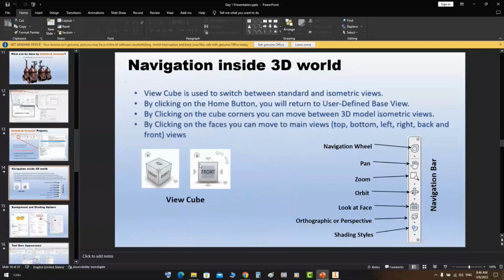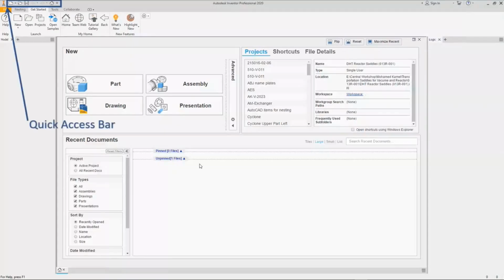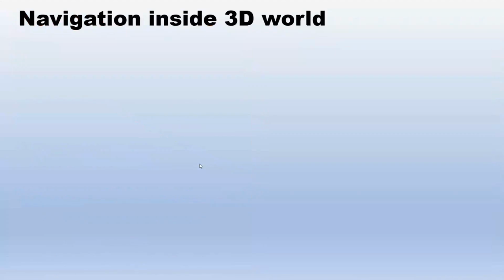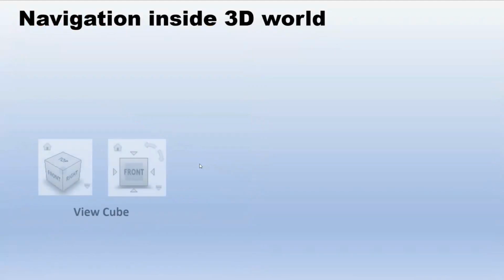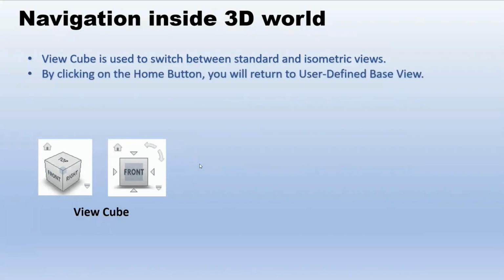Okay, now for how to navigate inside the 3D world. We have some tools we can use to navigate inside the 3D world, which is the View Cube. This View Cube is used to switch between a standard isometric view and the other views.